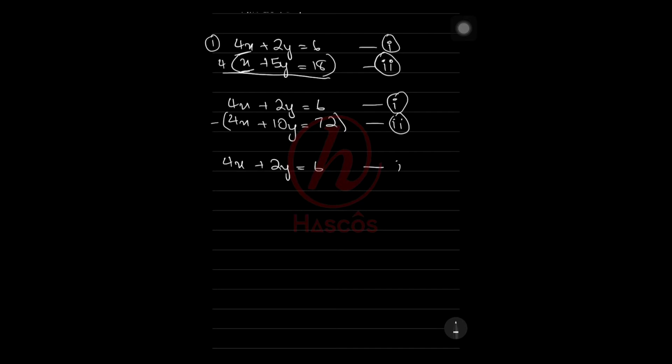Equation number 1 remains 4x plus 2y equals 6, whereas equation number 2 is now minus 4x minus 10y equals minus 72. Since we've multiplied the entire equation with the negative, 4x and negative 4x get cancelled, plus 2y minus 10y becomes a negative 8, 6 and a minus 72 become a negative 66.